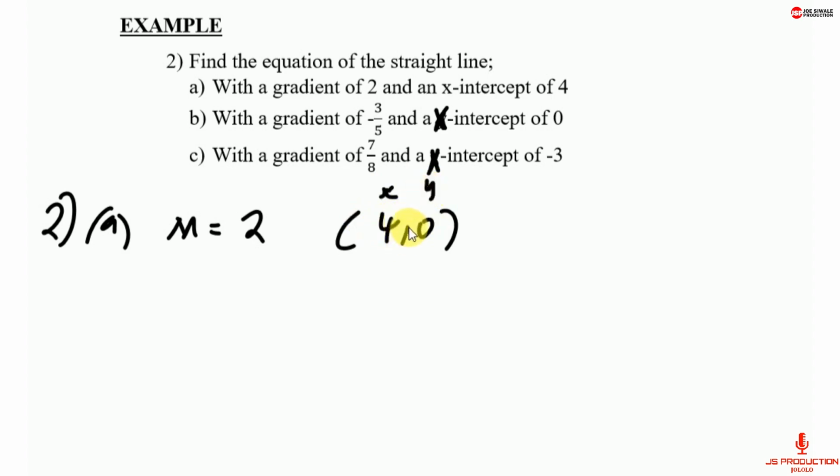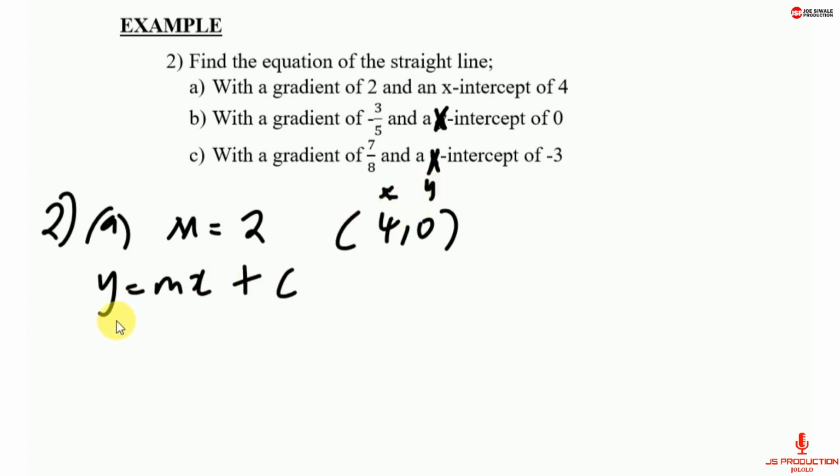And since we have this information, we can say y is equal to mx plus c there. And from this we can calculate our y-intercept, since we don't know our y-intercept there. So since we know our x and our y, we can replace that in the formula.